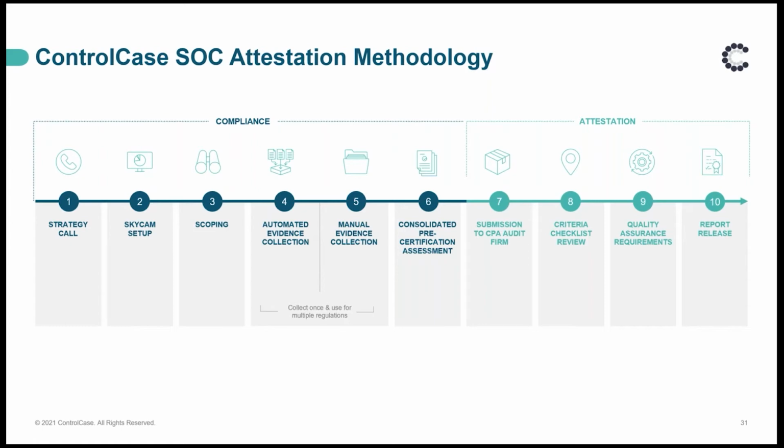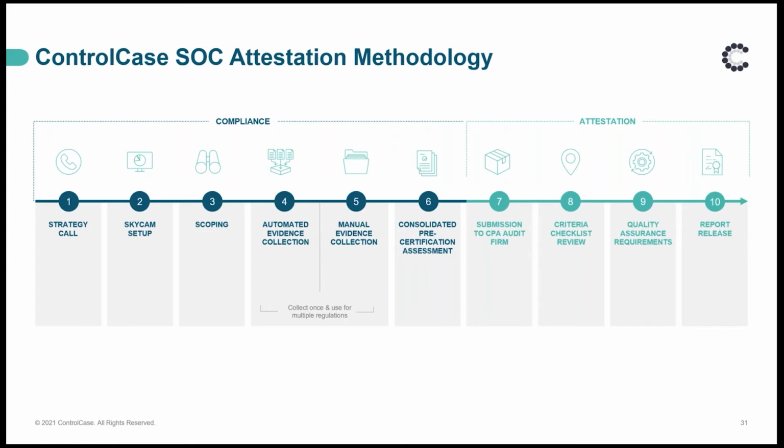It includes things that are automated, such as automated collection of evidence. It makes sure you're looking at manual collection of evidence, collecting evidence at various points in time, and really coming to a point where you have taken the first 6 steps in this case to make sure your compliance posture to SOC 2 or any other standard is appropriate.